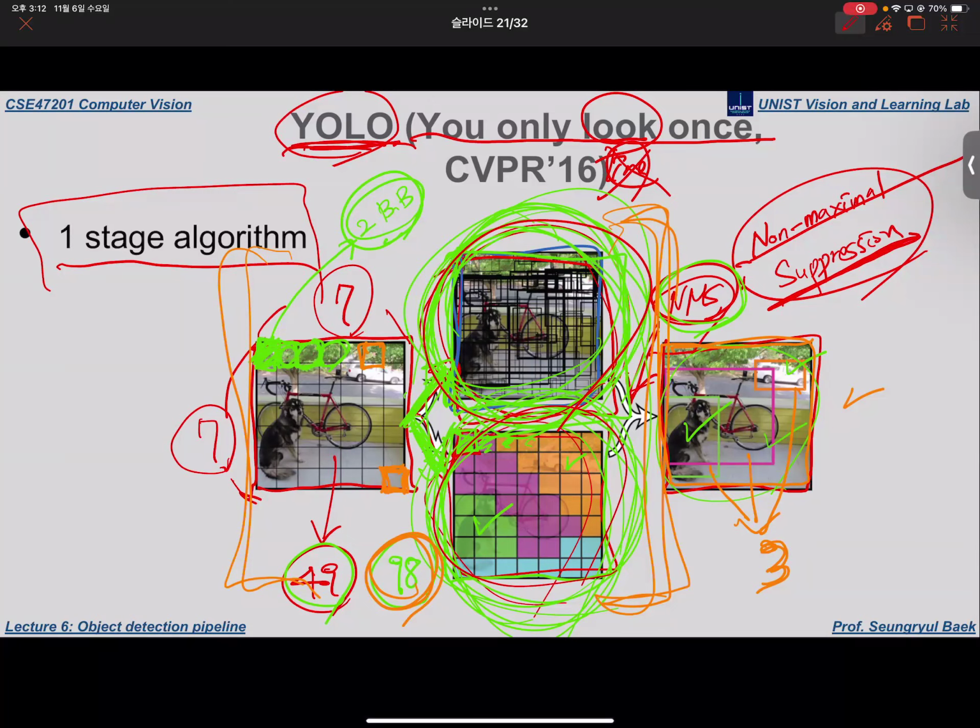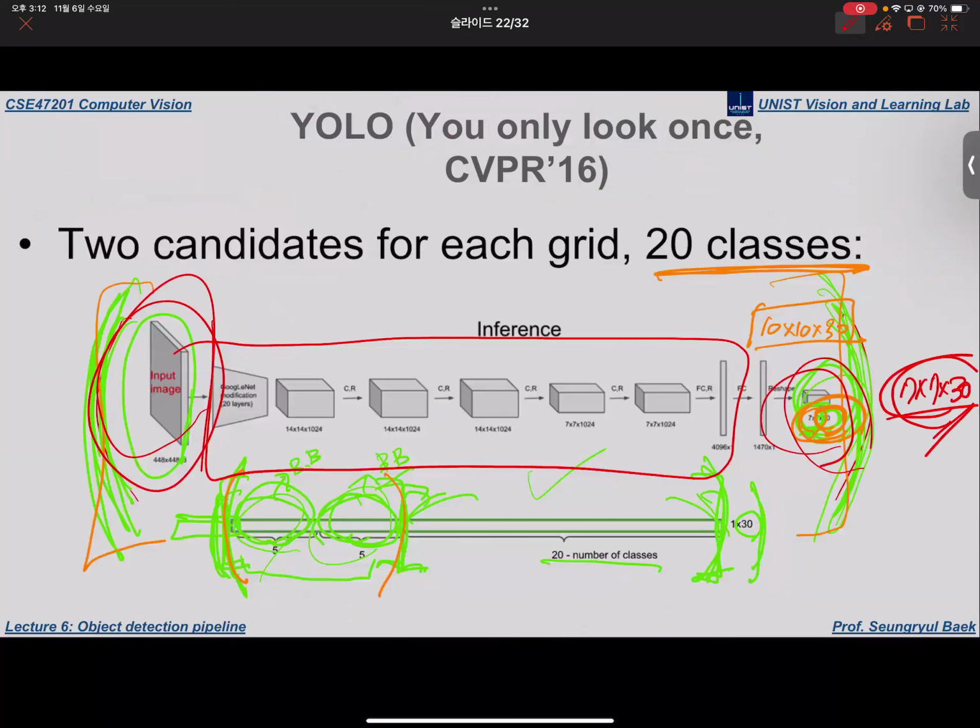You can also see that these two pieces of information are estimated simultaneously. Getting this array happens simultaneously, right? Do you agree with that? This is the class probability, and this is the bounding box information, and they are collected jointly at the same time.